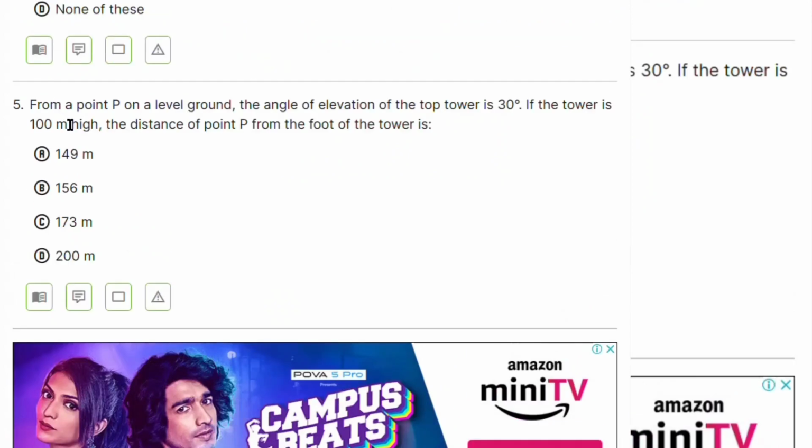From a point P on level ground, the angle of elevation of the top of a tower is 30 degrees. If the tower is 100 meters high, then the distance of the point P from the foot of the tower is? So this is the tower and this is the point P, and it makes an angle of elevation of 30 degrees.